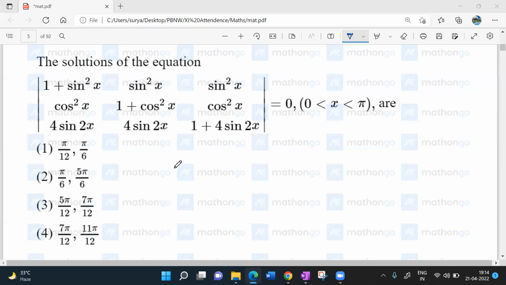Guys, got it? He's asking for the solutions of the determinant given to you. What is the solution? See here, he's asking for a solution. Quite a simple answer.